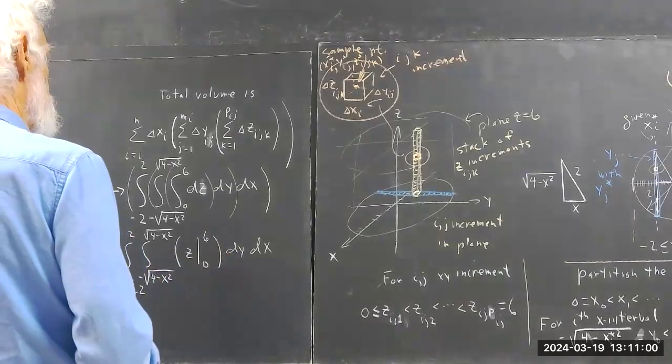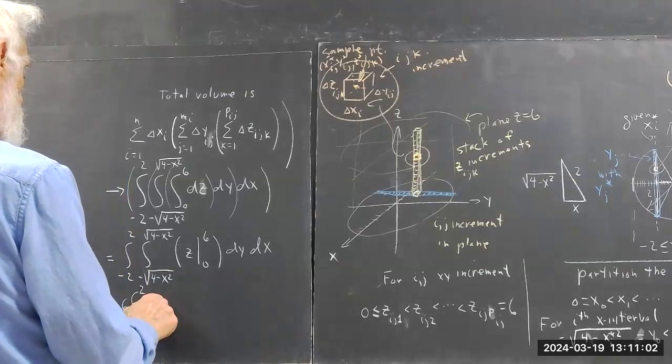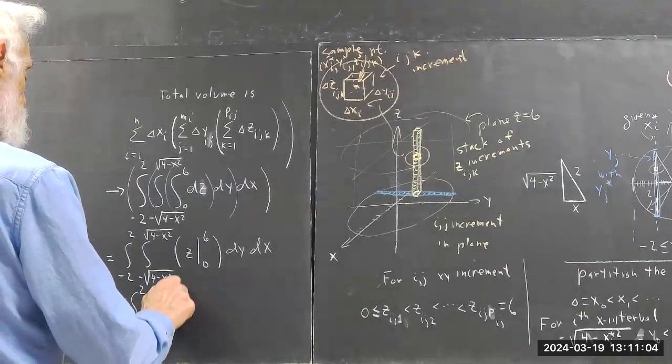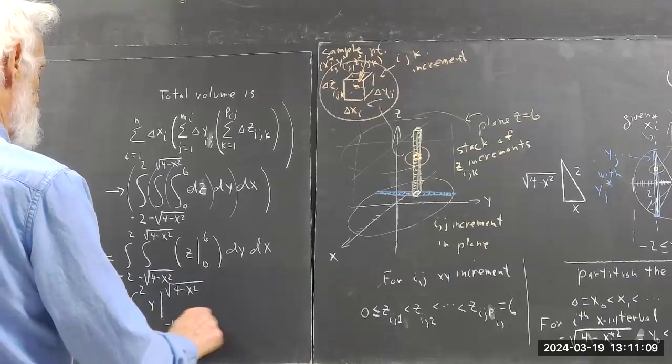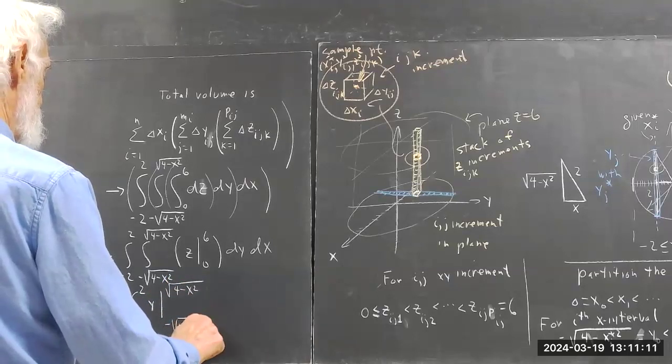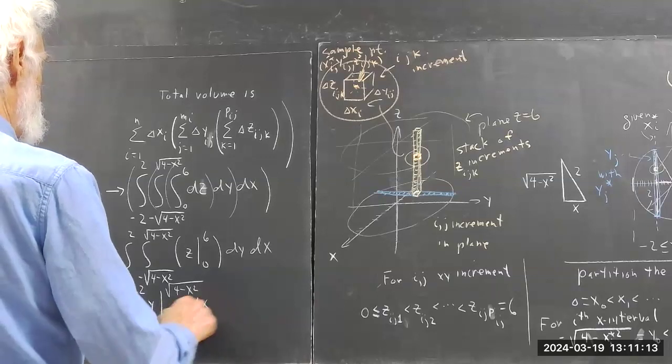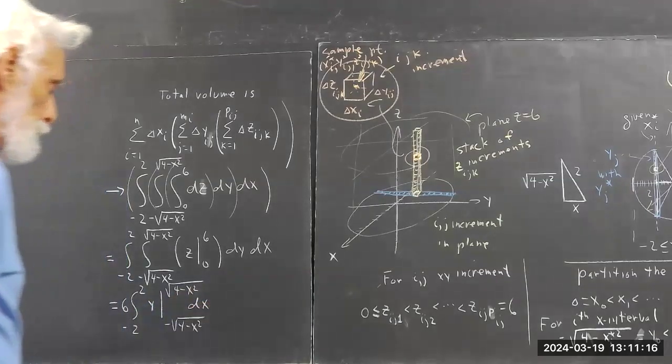And then with respect to Y, we get Y evaluated from negative square root of 4 minus x squared to the square root of 4 minus x squared. And we'll be integrating that with respect to x.